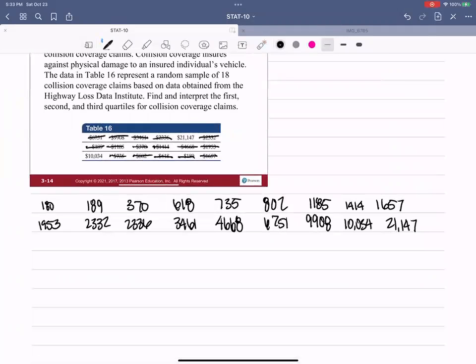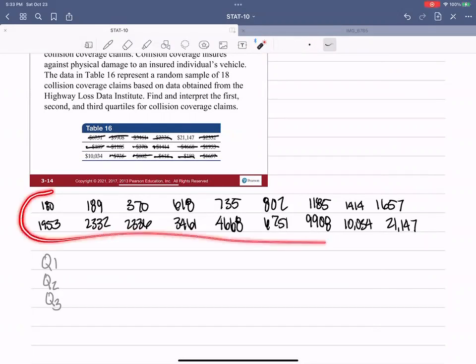So starting off with Q1, Q2, and Q3. So Q2 is going to be the easiest one to find. Remember, when we have a data set, it's either the middle number of the data set or the average of the middle numbers of the data set.